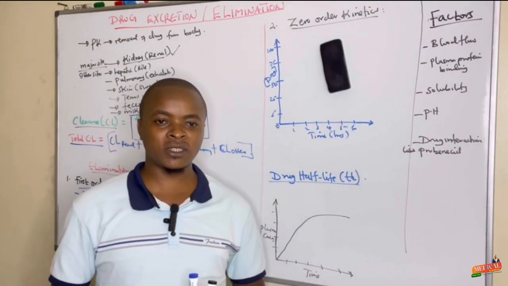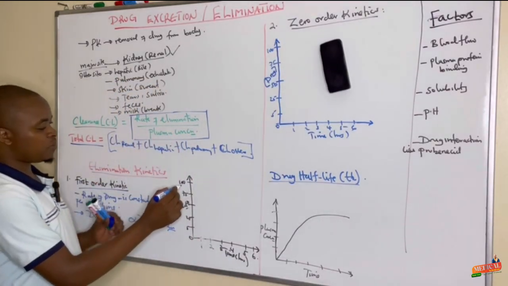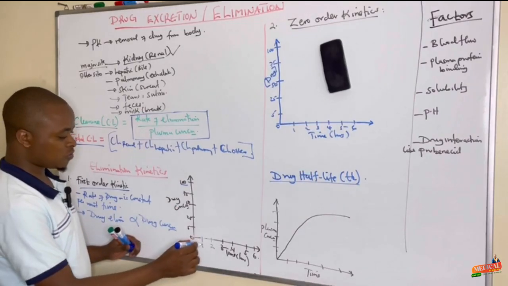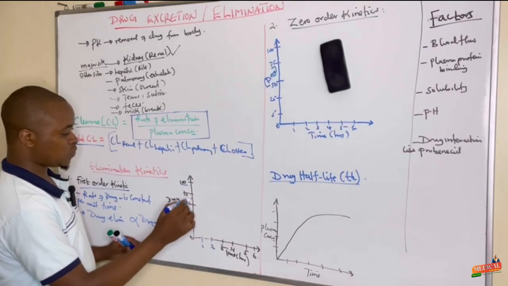Much as it is constant, we're going to see that when a drug, for example, is at 100, the rate of elimination is also going to be high. So we shall see that this one will be high.